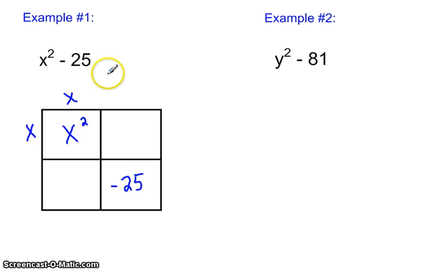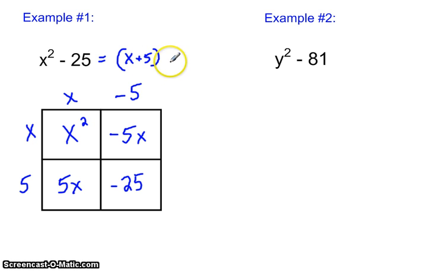The only way I'm going to get the 0x in the middle, where they cancel out, is to use a negative 5 here and a 5 here. Negative 5 times x is negative 5x, and x times 5 is 5x. These cancel out to the 0x in the middle, so we get x squared minus 25. So factored form is x plus 5, x minus 5.